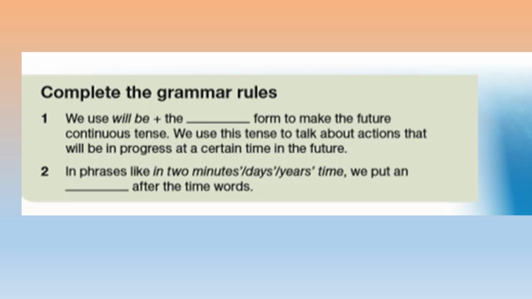Open your books to page 72 to complete the grammar rules. Number 1, we use will be plus the ing form to make the future continuous tense. We use this tense to talk about actions that will be in progress at a certain time in the future.